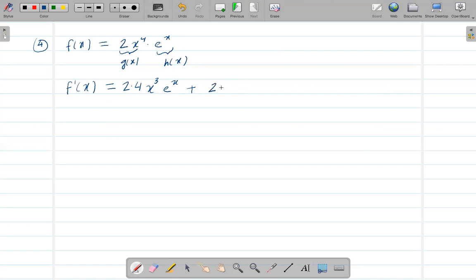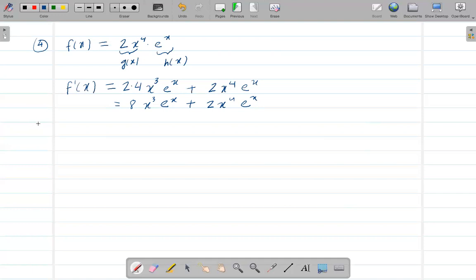So the first one will stay the same. And the derivative of e to the power x is still e to the power x. Right, there you go. Well, I don't think I can do anything further. Well, I can just multiply these two. That's what I can do. So 8x to the power 3 e to the power x plus 2x to the power 4 e to the power x.